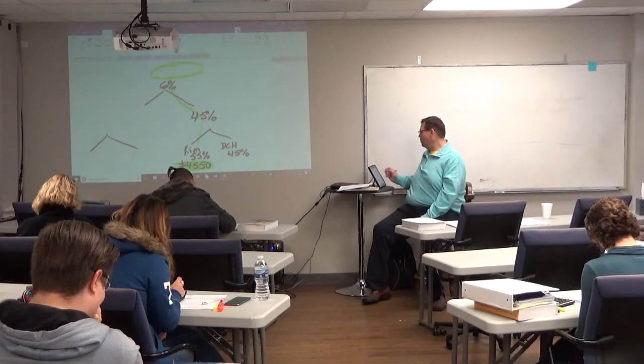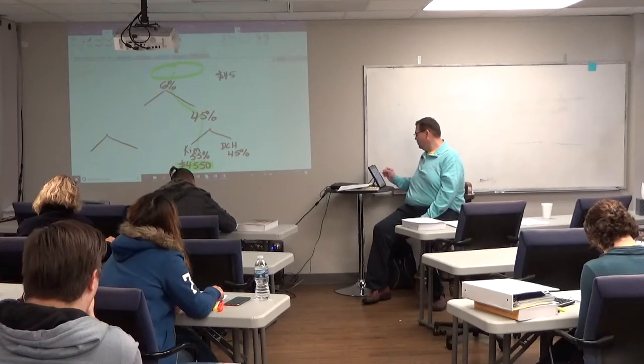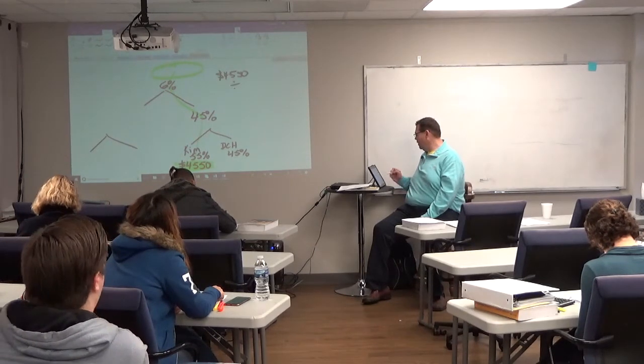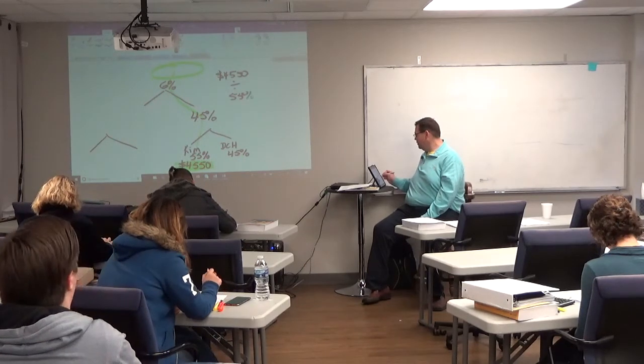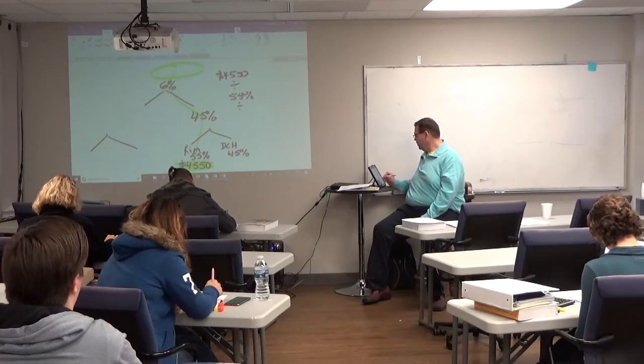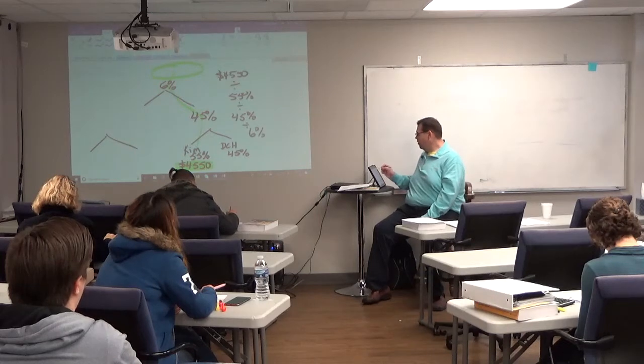So what's the first number I'm going to punch in my calculator? 4550, divided by what? 55%. 55% divided by 45%. 45% divided by 6%. There are my math steps right there.